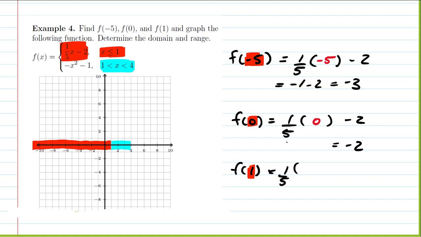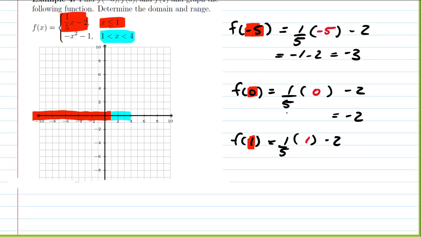So then we would have 1/5 times 1 minus 2, which gives us 1/5 take away 2. So 2 is 10/5. So 1 take away 10/5 is -9/5.